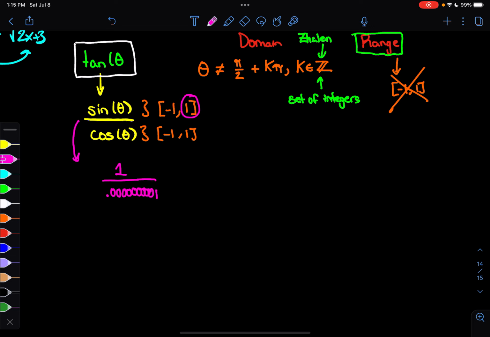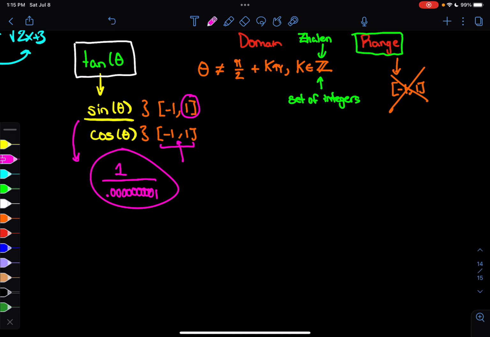This is a totally valid value for sine, which means for cosine I could pick anything that I want, because we're trying to cover all of our bases. A number in this set that is not equal to 0 but close to it would be like 0.0000001.